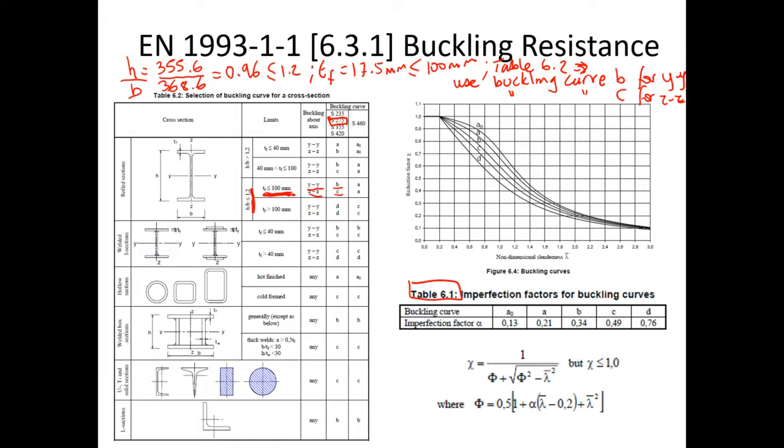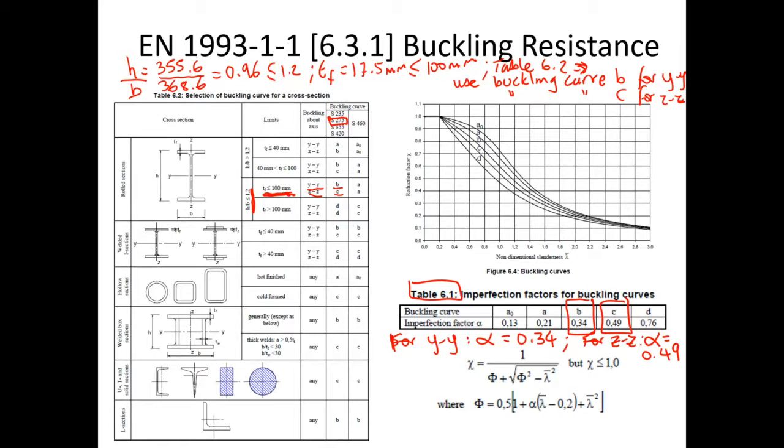Then we go to table 6.1. It will tell us that for buckling curve B, we're going to use 0.34 for the imperfection factor, and for buckling curve C, it's 0.49. So for the major axis, alpha is equal to 0.34, and for the minor axis, alpha is equal to 0.49.